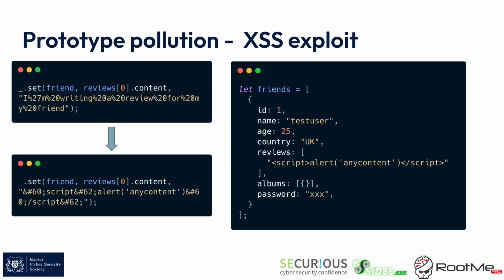For example, let's say you have a post request that you are expecting from the client and they want to change multiple fields at once. What you can do really easily with Lodash is parse the JSON and then pass all of the paths that have been given to you in the JSON directly.